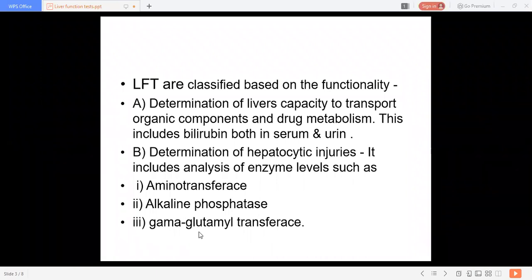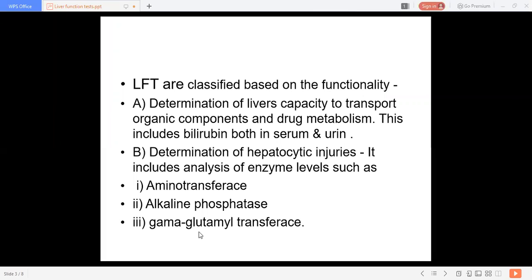Then the levels of ALT, alanine aminotransferase, and GGT, gamma glutamyl transferase, are both raised in cholestatic disorders like gallstone diseases.